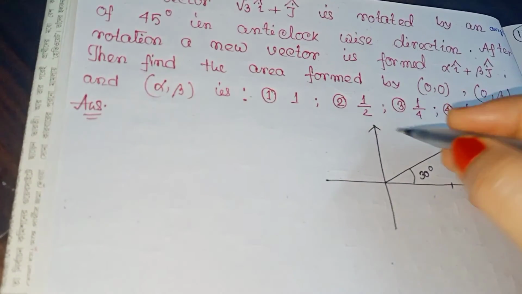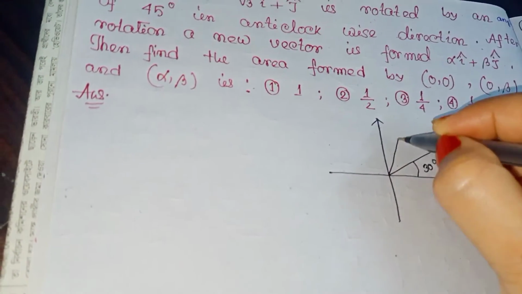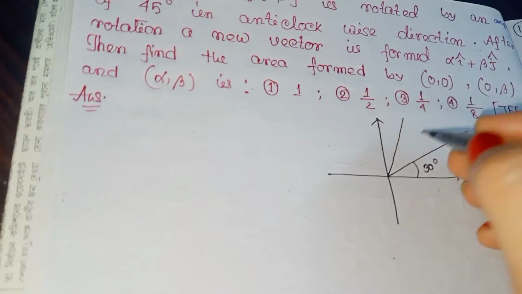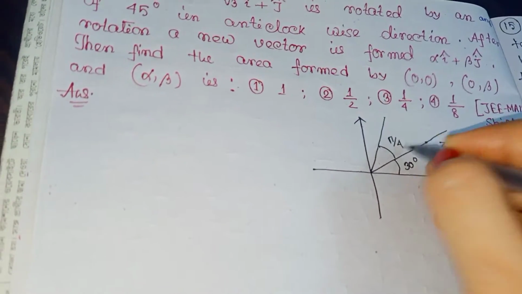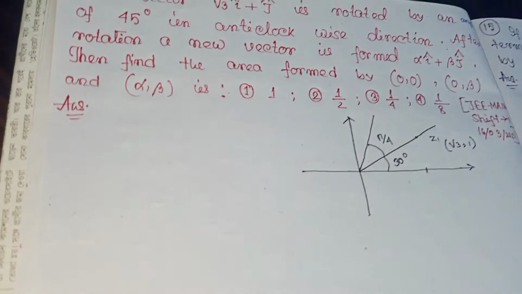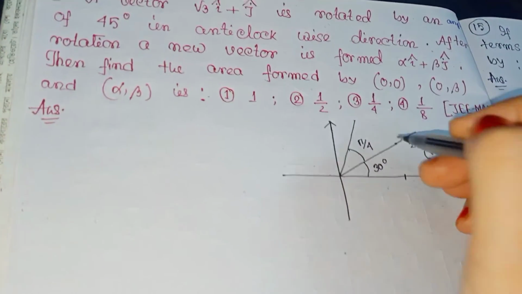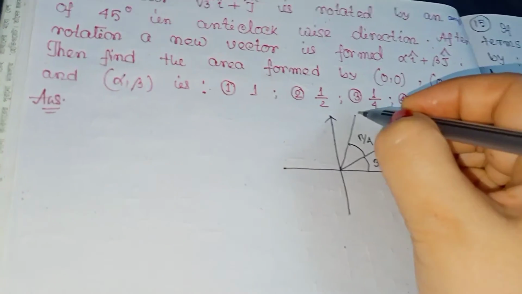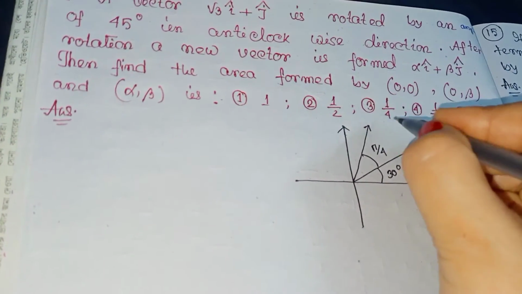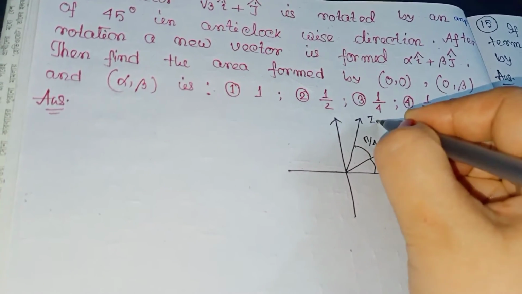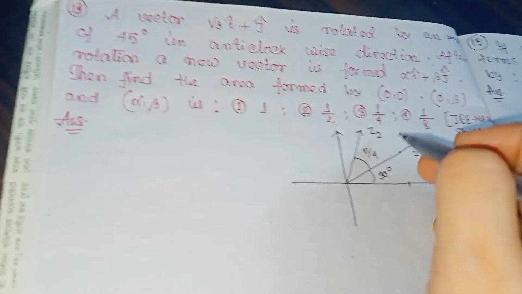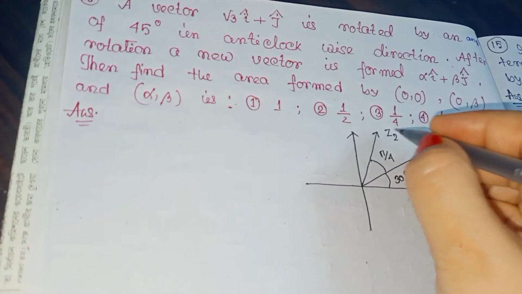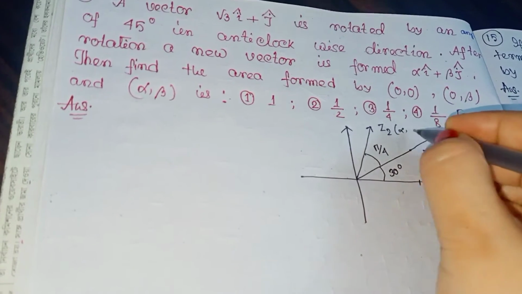After rotation, the angle of rotation is pi by 4, 45 degrees, and this is the new vector that is formed, this is z2. After rotation the new vector's coordinate is alpha comma beta.